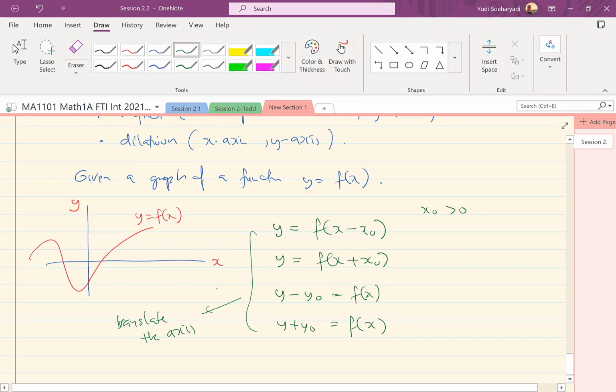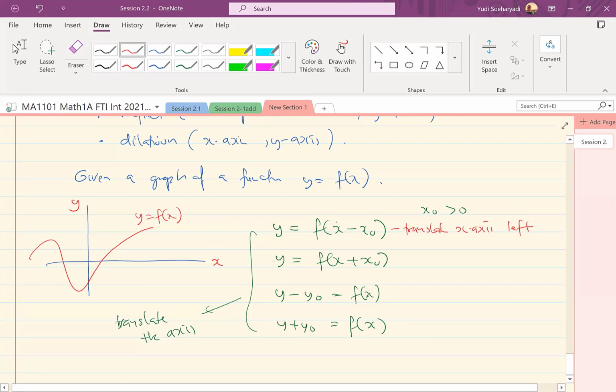So here, in the first one, you translate the x-axis to the left.